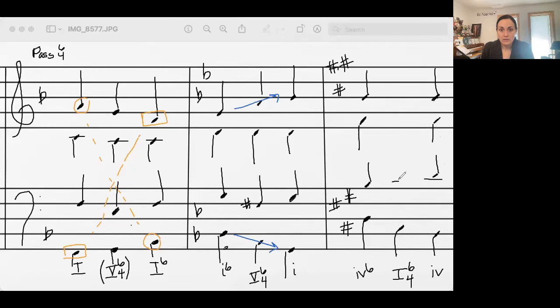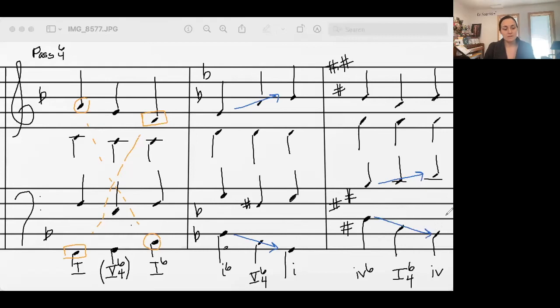And like that. Right, so we have the voice exchange there, trying to keep the F sharp stable, and then we move the B by step. So, and again, if we get our lines out here, this is our voice exchange.